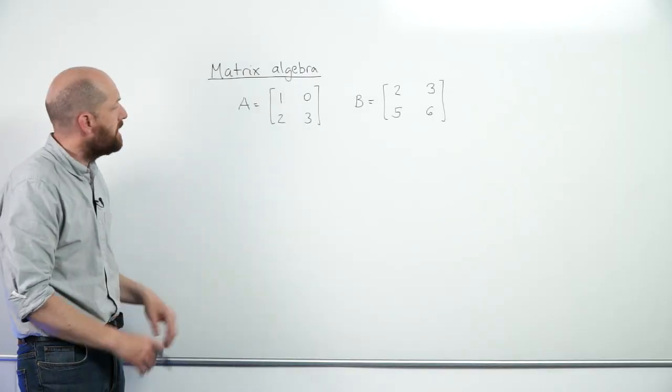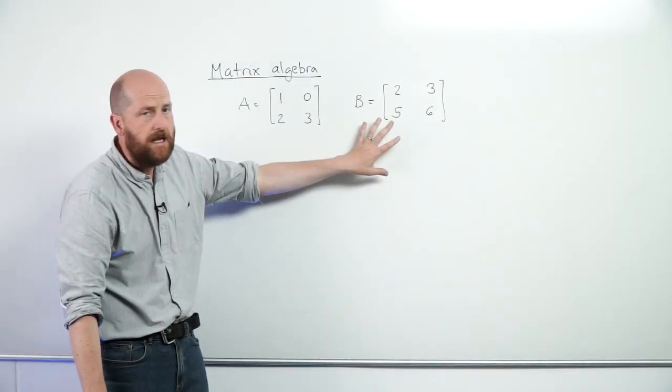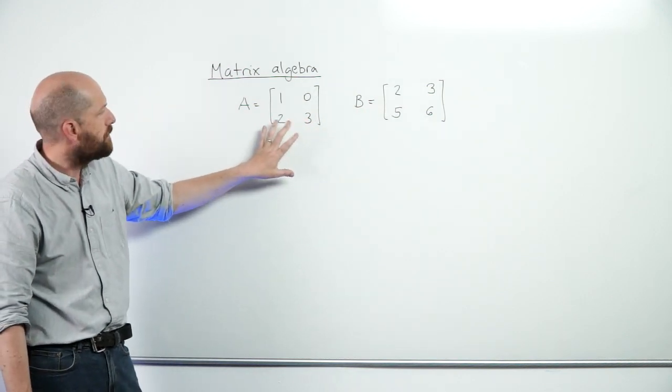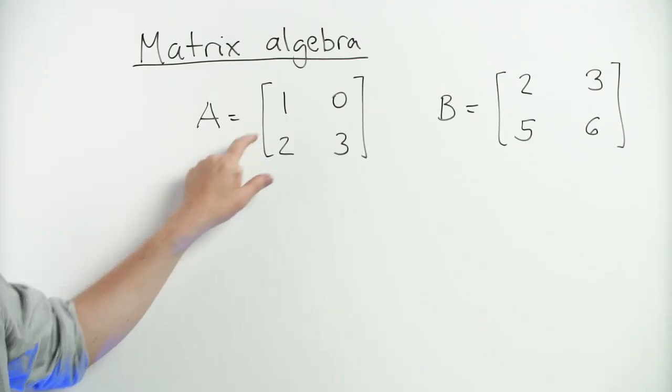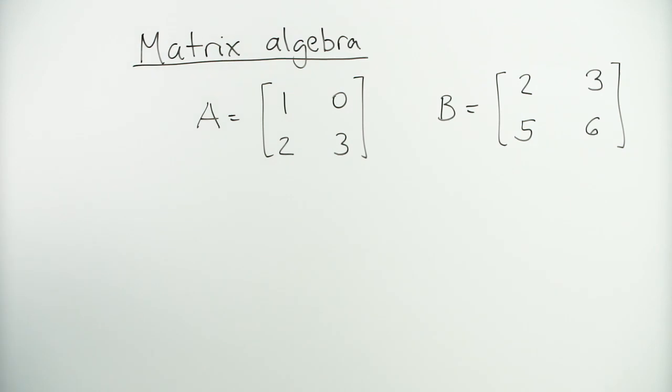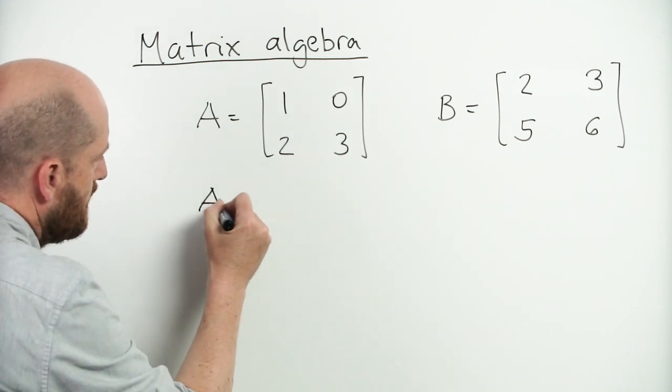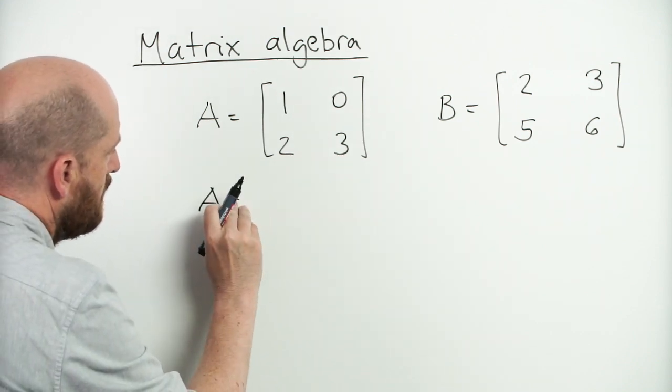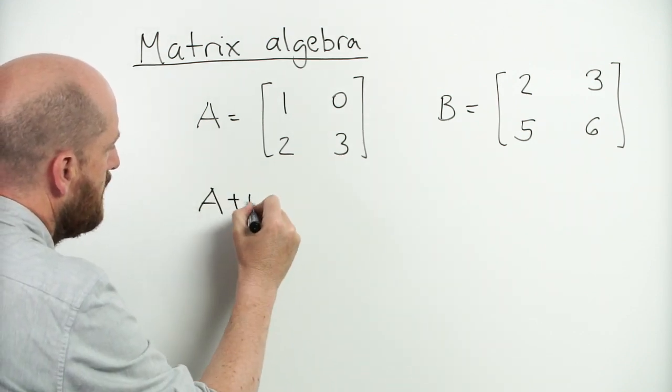The next thing we might want to consider, if we've got two matrices, A and B here, I've just given you examples of square matrices, 2 by 2, 2 rows, 2 columns. What I might want to work out is the sum of A and B, A plus B. Well, it turns out that it's relatively easy, and it's as you might expect.